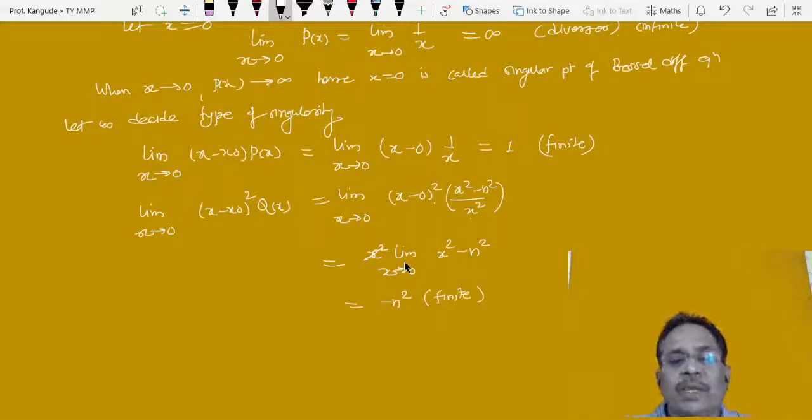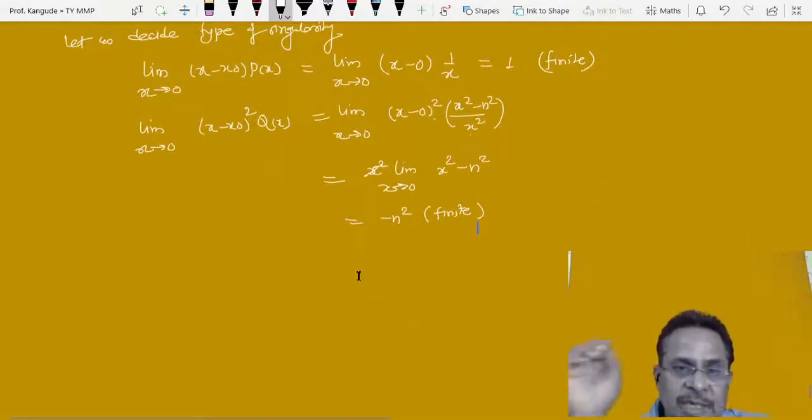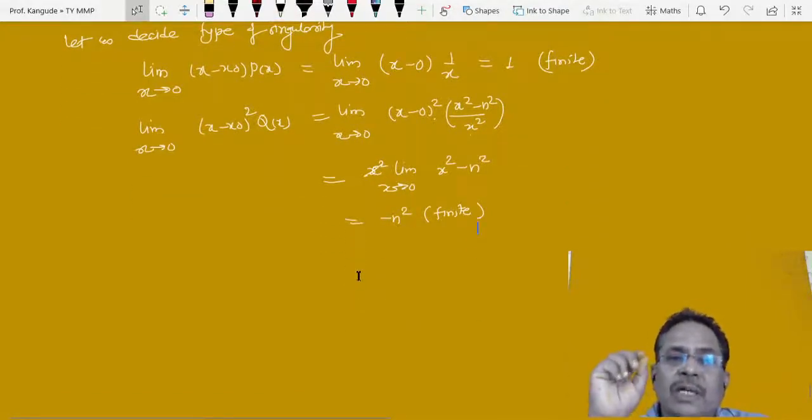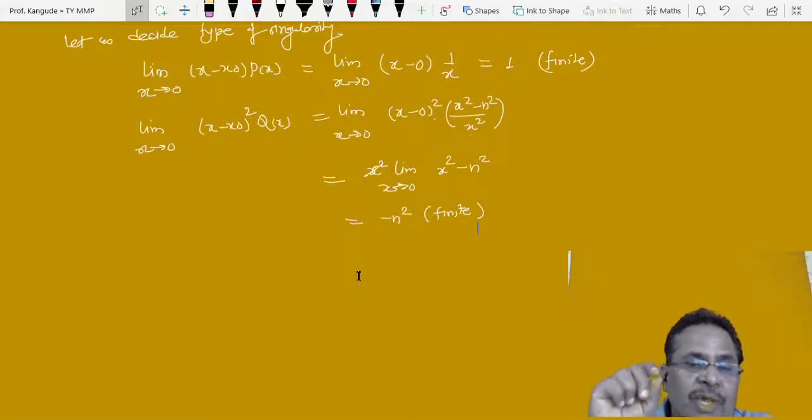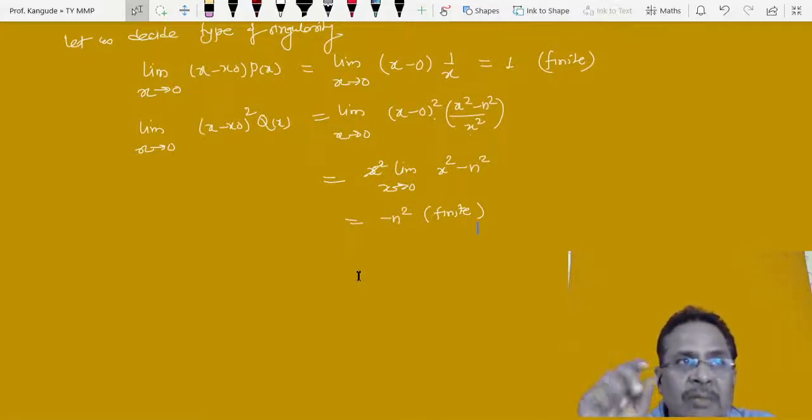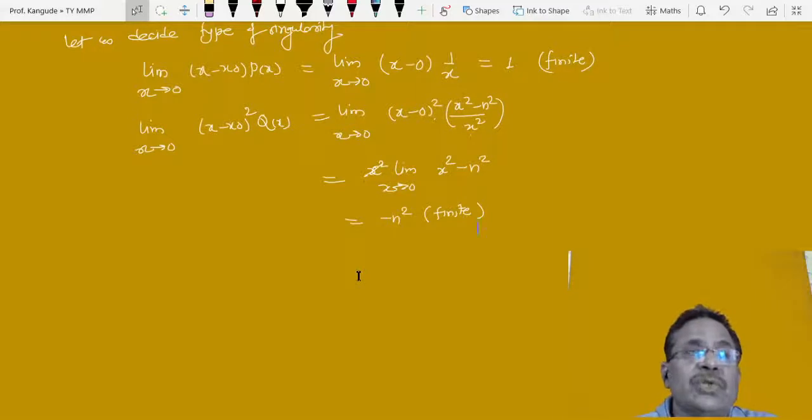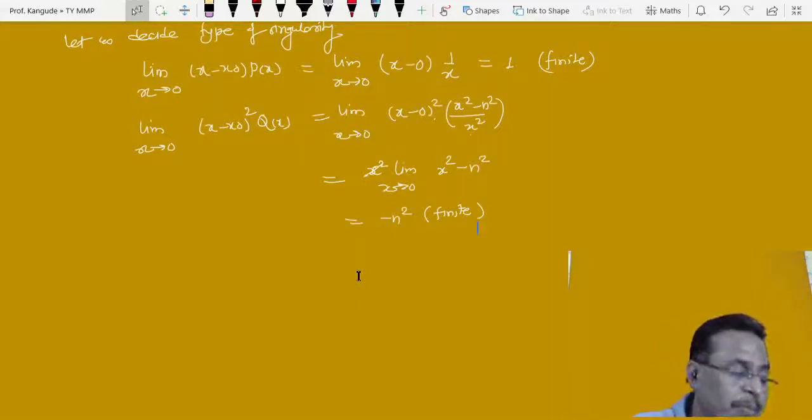And therefore, as per our knowledge, x minus x0 into p of x as well as x minus x0 square into q of x both remain finite, both don't diverge, they are not going to become infinity. That shows that x is equal to 0 is a regular singular point of this Bessel differential equation.